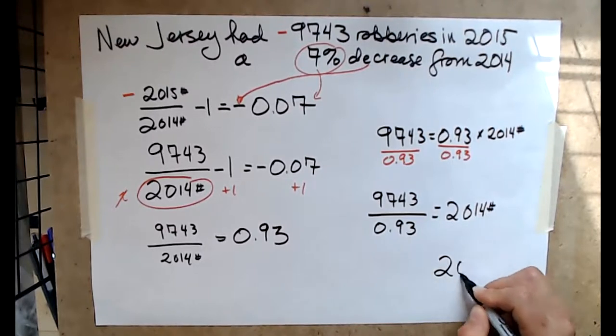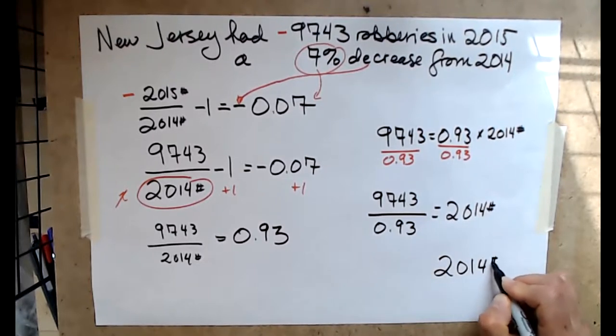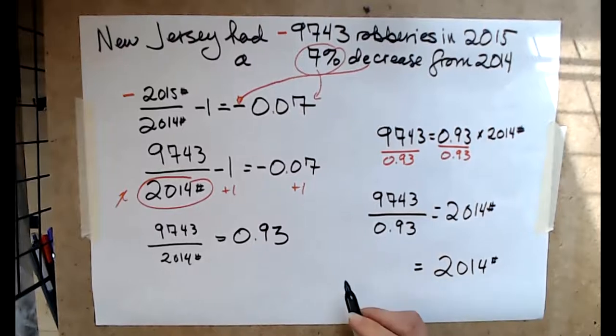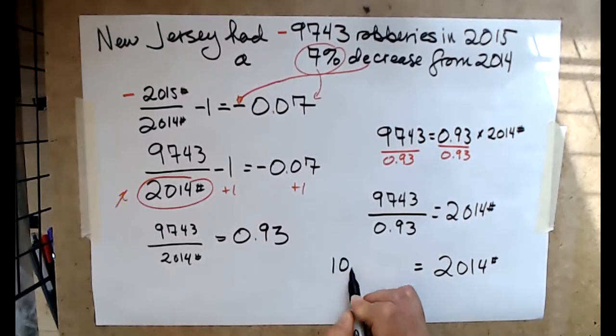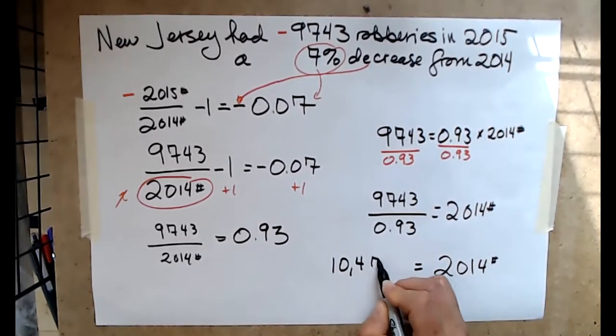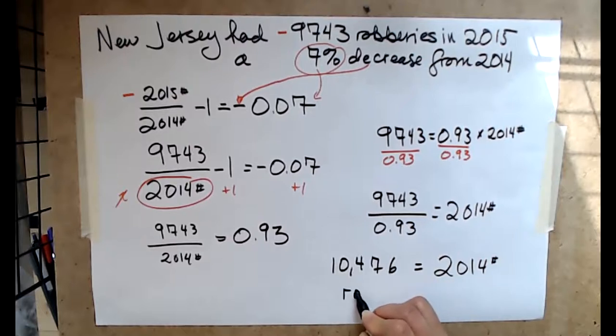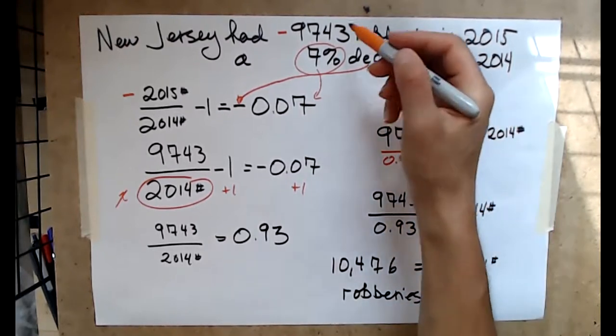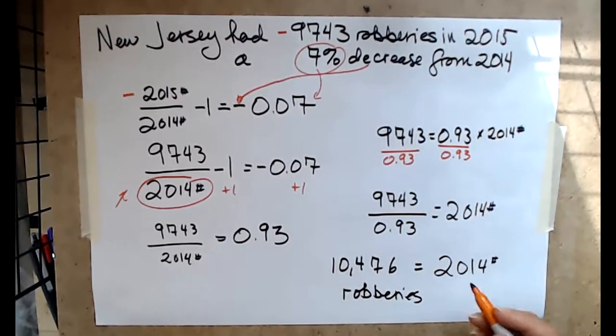The number of robberies in New Jersey in 2014 is 10,476 robberies. And finishing off with my quick reality check, that is indeed bigger than 9,743, so at least it's a plausible answer.